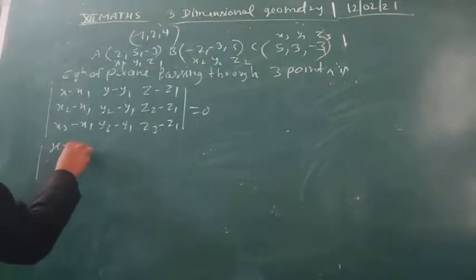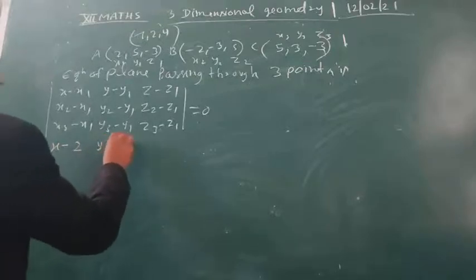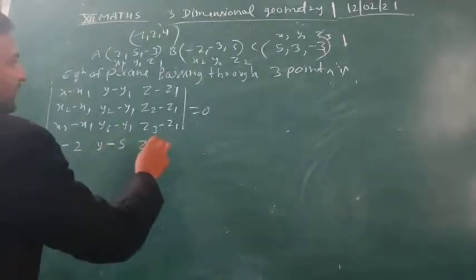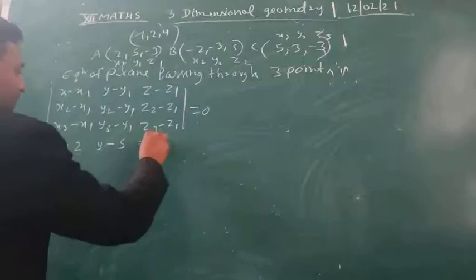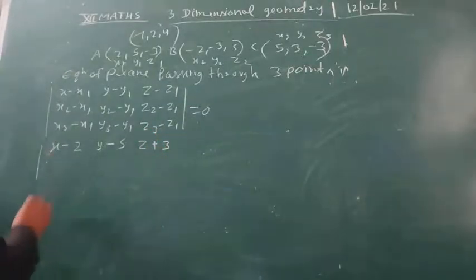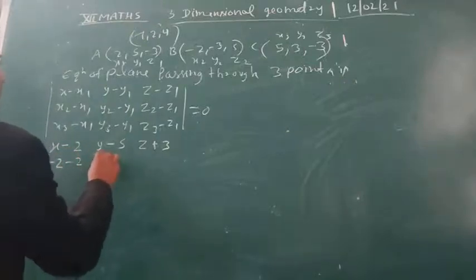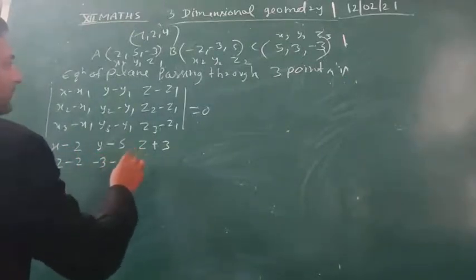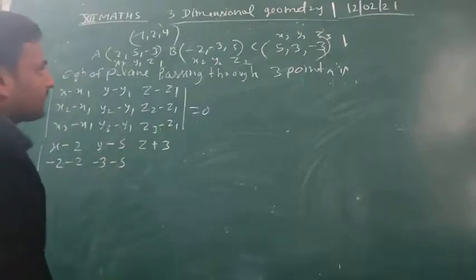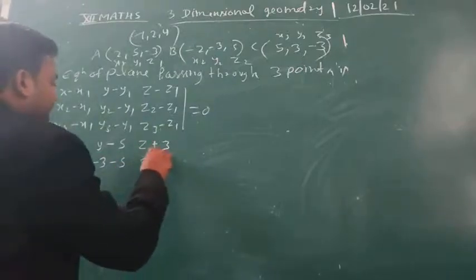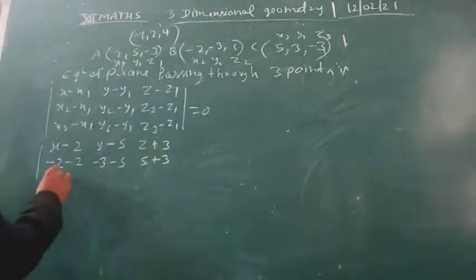x minus x1 is x minus 2, y minus y1 is y minus 5, z minus z1 is z plus 3, and the second row x2 minus x1, y2 minus y1 and z2 minus z1 gives minus 4, minus 8, 8.